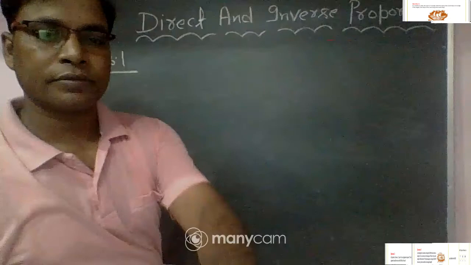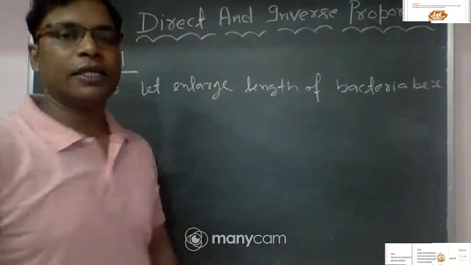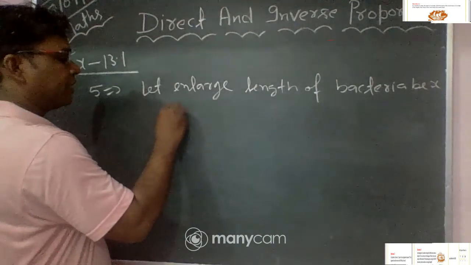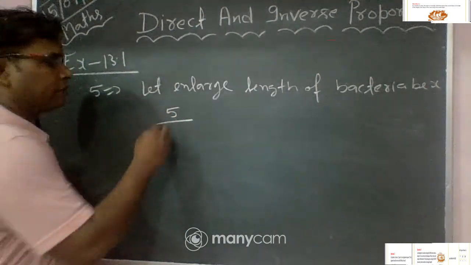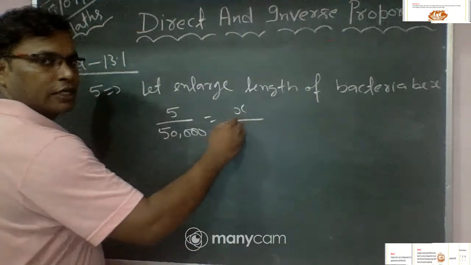So let the enlarged length of bacteria be x. Okay, enlarged length of bacteria x. So this is the case of direct proportion. So you can write: 5 centimeters, so it shows 50,000 times; x centimeters, enlarged x centimeters.